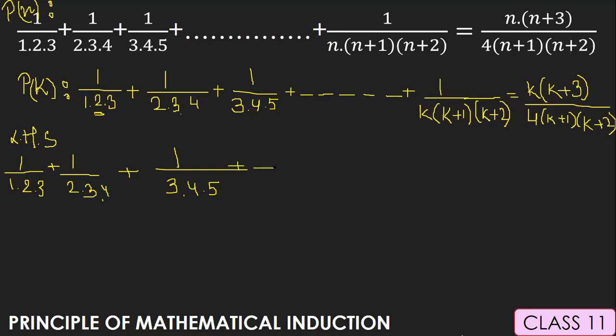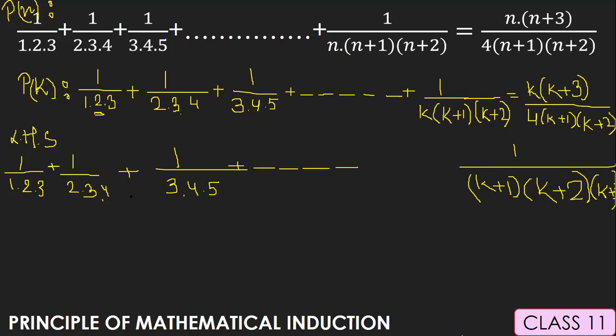And so on till 1 upon. You need to put n is equal to k plus 1. That means the first term in the denominator would be k plus 1, and your second term would be k plus 1 plus 1. That would be k plus 2, right? And your third multiple would be k plus 3, right?